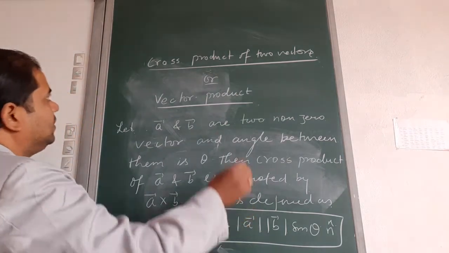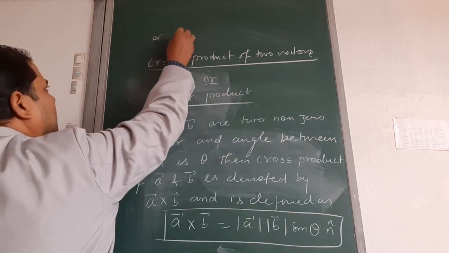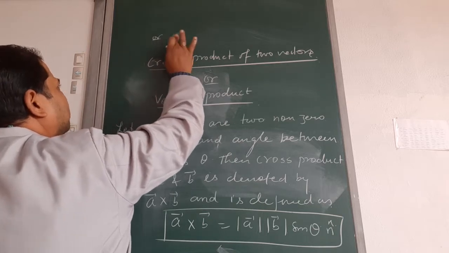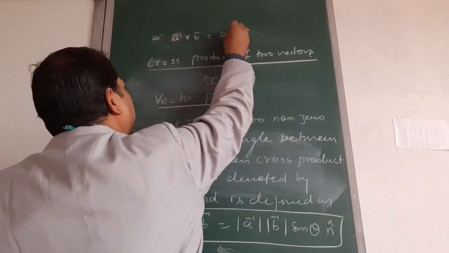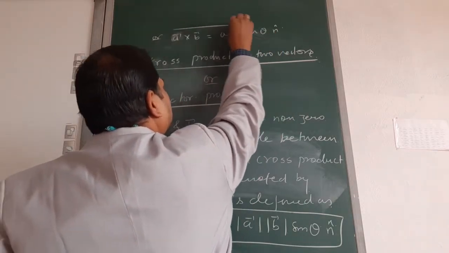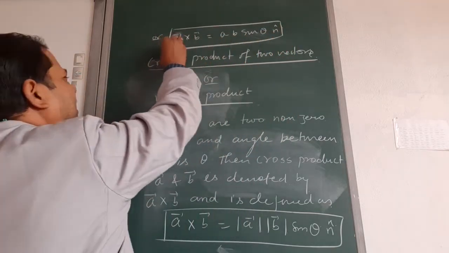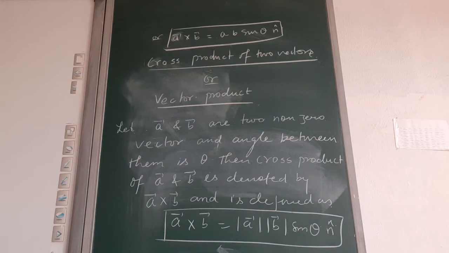Or A cross B is AB sin theta n cap. What is the meaning of AB? This is mod A and mod B, the magnitudes of the vectors.